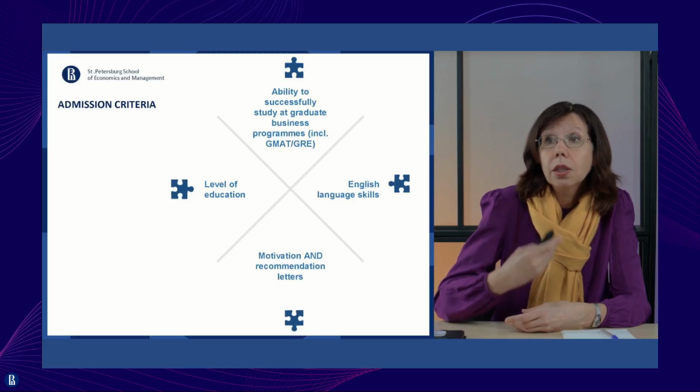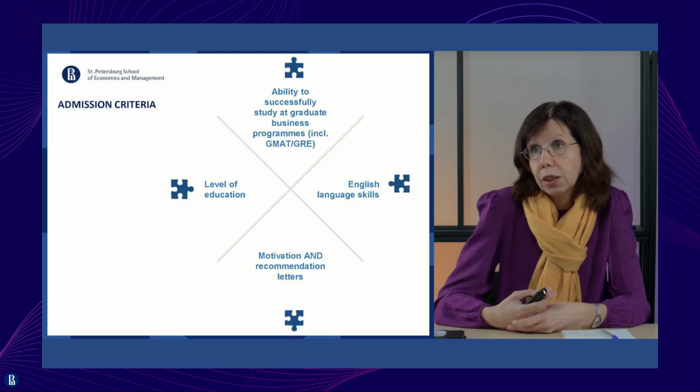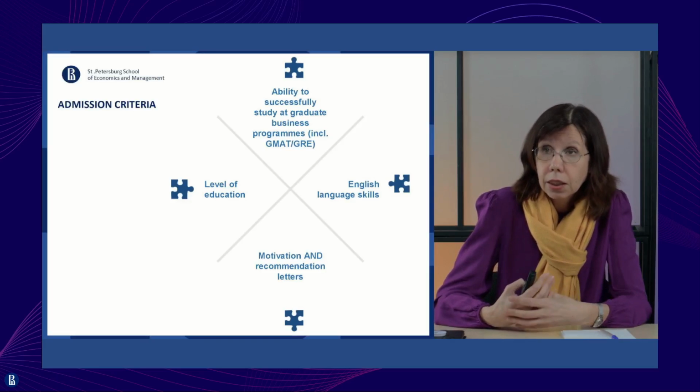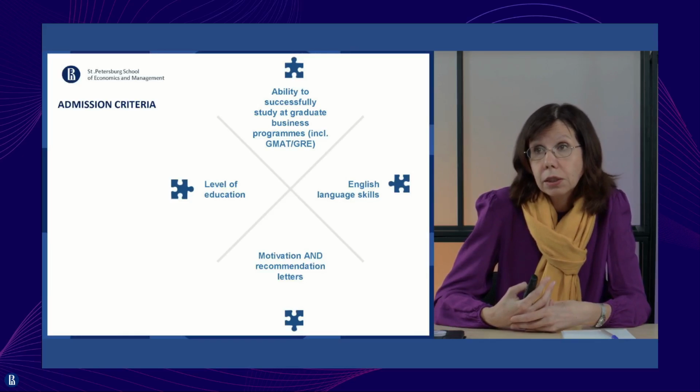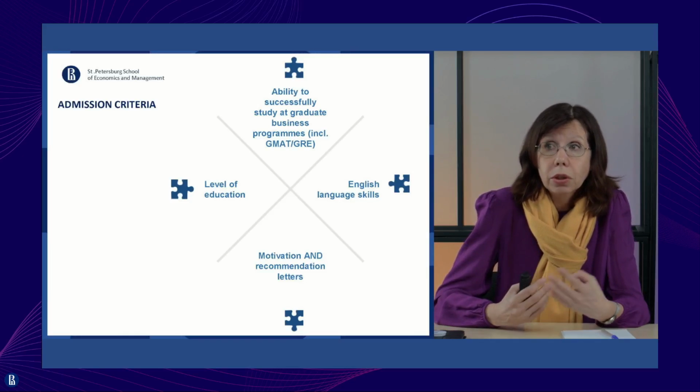I suppose that's all about the curriculum issues, but now let's talk a little bit about admission criteria. In this case, as I have said previously, we don't have any particular exams. We estimate the portfolio.